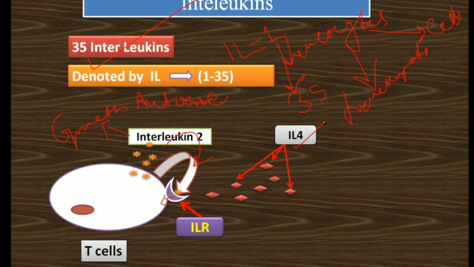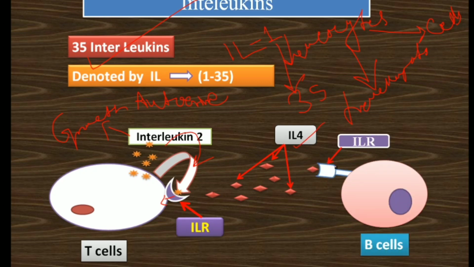Not only interleukin 2 but interleukin 4, and that binds with the cytokine receptors of the B cell, which results in the B cell forming into a plasma cell, and ultimately the plasma cell will bear the antibodies, and these antibodies will go and bind to the specific antigens and trigger some response mechanism which will help the body to prevent the pathogen from further interacting.